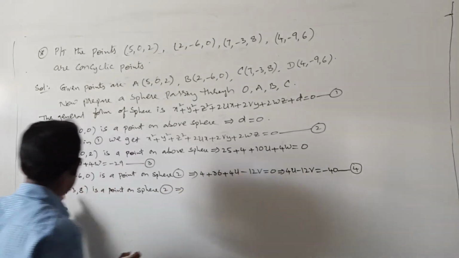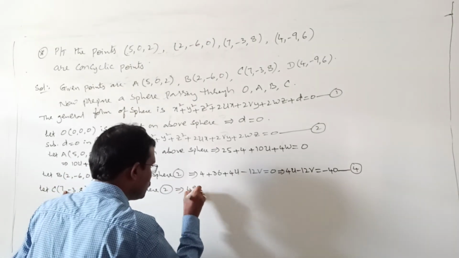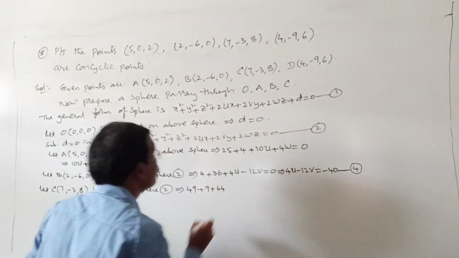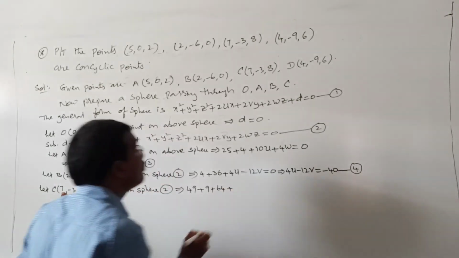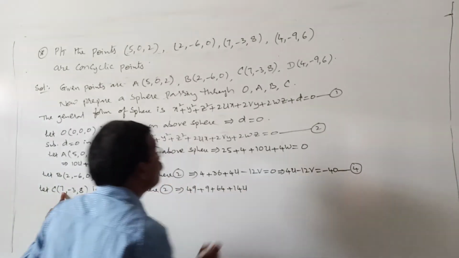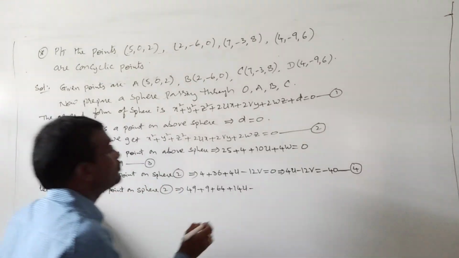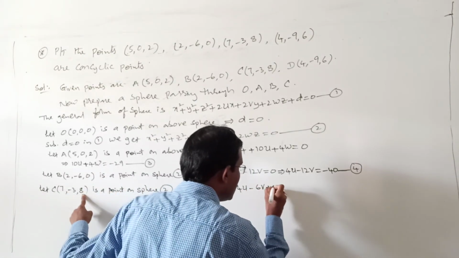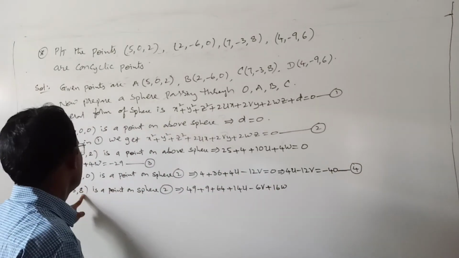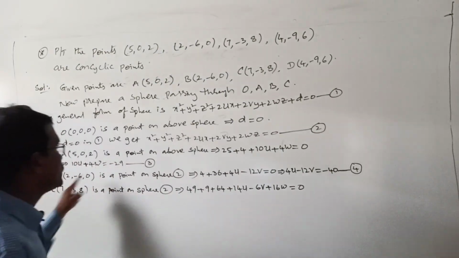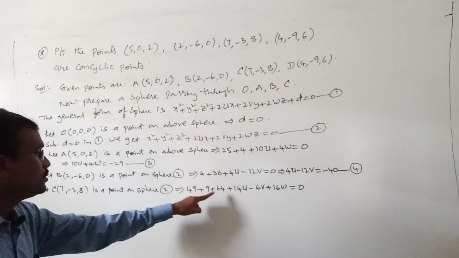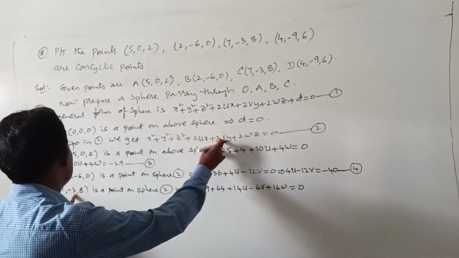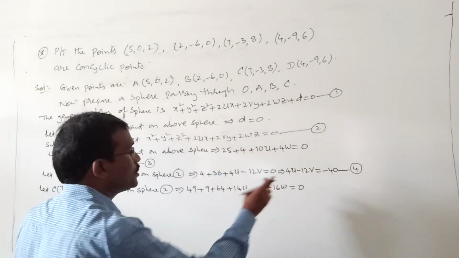This implies, 7 means 7 square 49, plus 9, 3 square, plus z square 64, plus 14u minus 6v plus 16w is equal to 0. 7 square is 49, 3 square is 9, 8 square is 64, x is 7, 7 into 2, 14u, minus 3 into 2, 6v, next 8, 8 into 2, 16w is equal to 0.